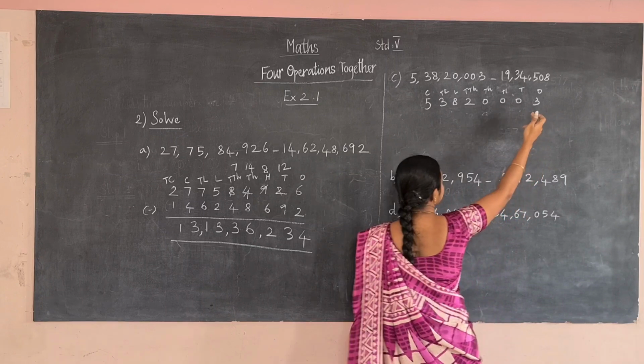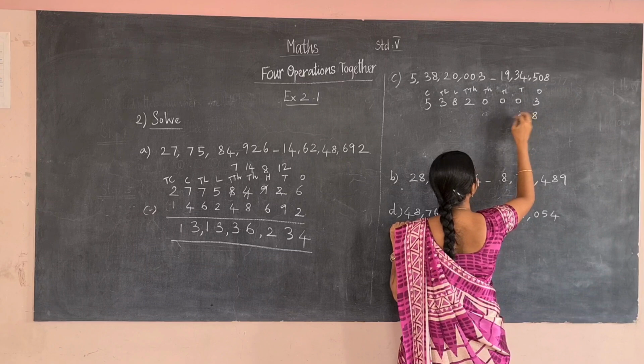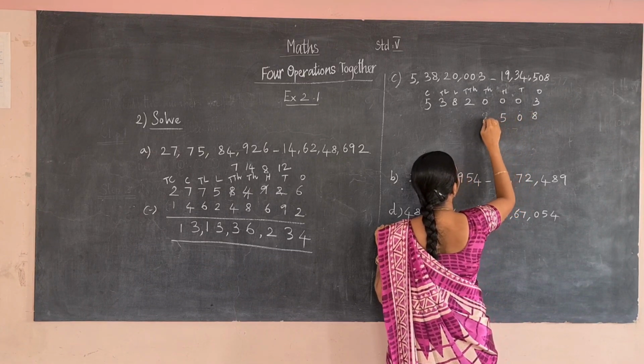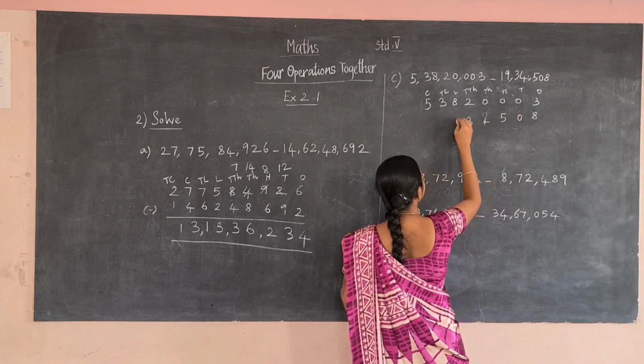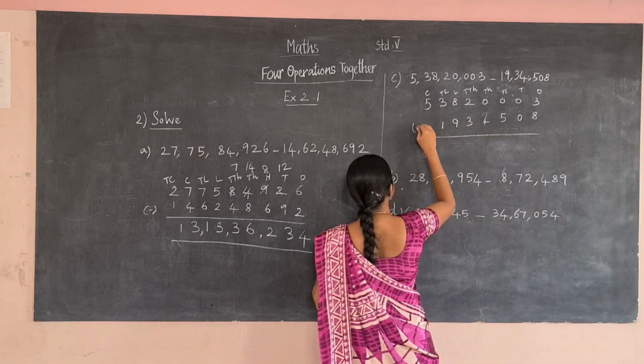Now the next number you have to start from the right. So 8, 0, 5, 4, 3, 9 and 1. Subtract the numbers.